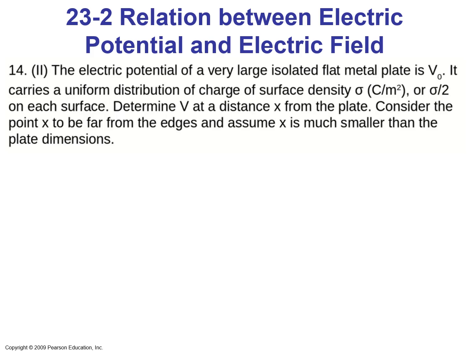Consider the point x to be far from the edges and assume x is much smaller than the plate dimensions. From example 22.7, we know that the electric field produced by a large plate is uniform with the magnitude of sigma divided by 2 epsilon naught.